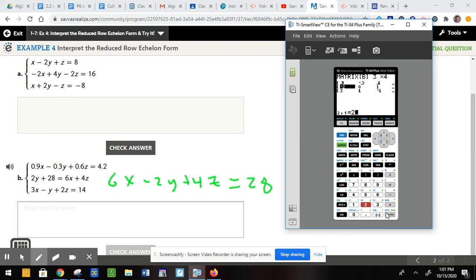And we have 2. No, we don't. We have 6, negative 2, 4, and then 28. And the last equation is 3, negative 1, 2, 14.